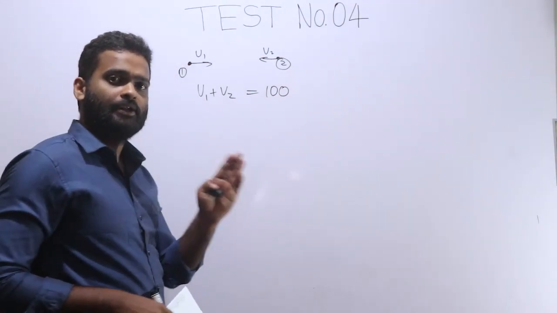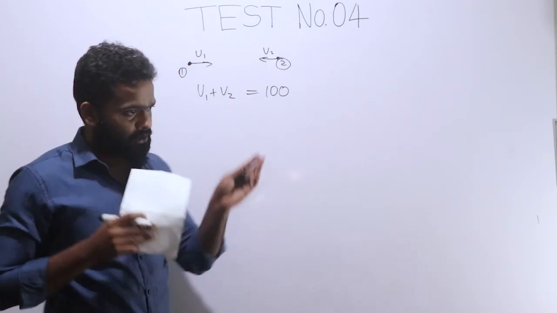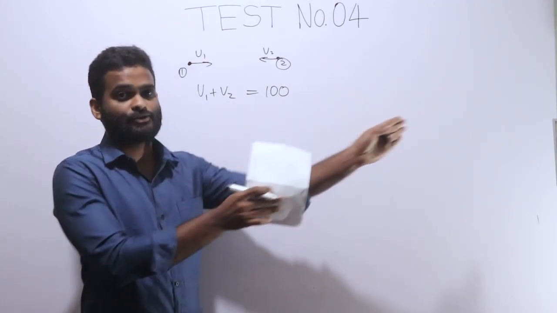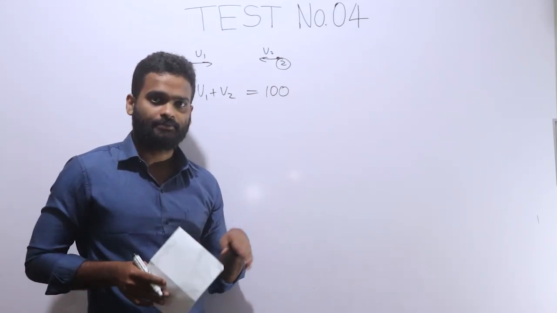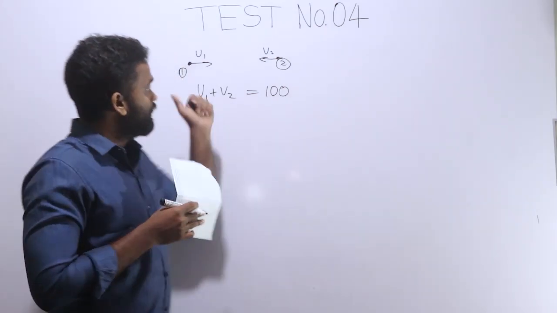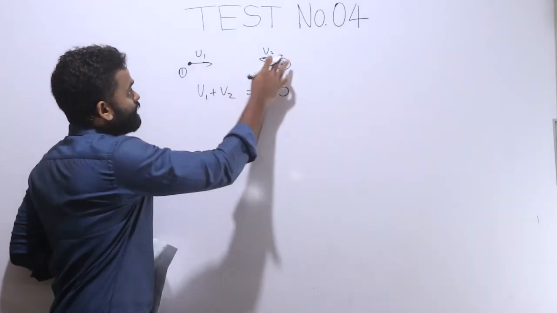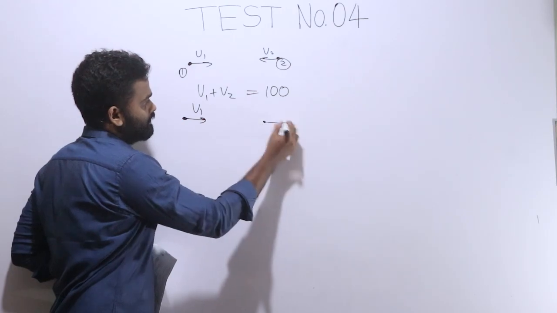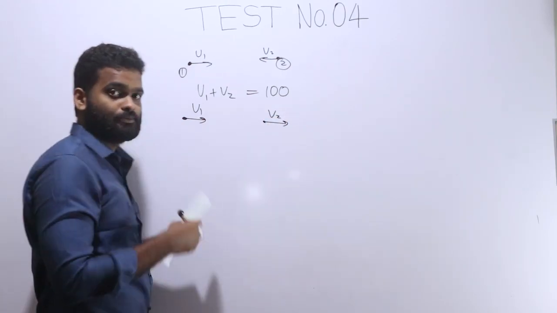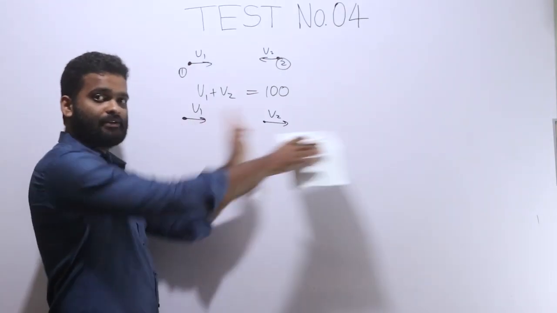For the minimum relative velocity, objects should move in the same direction. These are explained in the theories, right? So for that, we need v1, then v2, moving in the same direction.